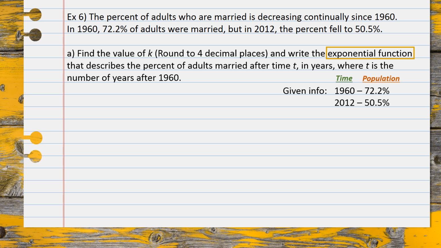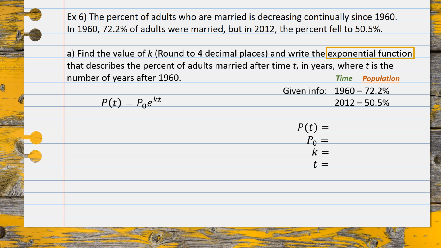That's reminding you that we are going to be using the function P of t equals P naught e raised to the kt power. So that's going to be our format, but we have to sort this information. So in the formula, we have P of t, P naught, k, and t.